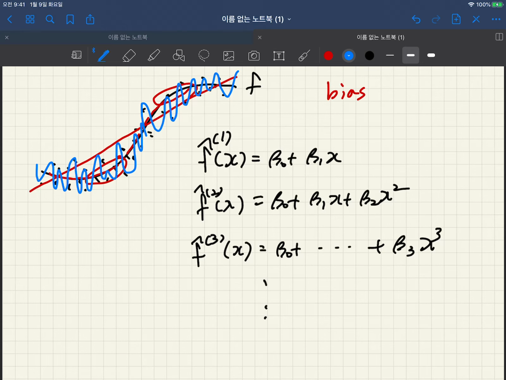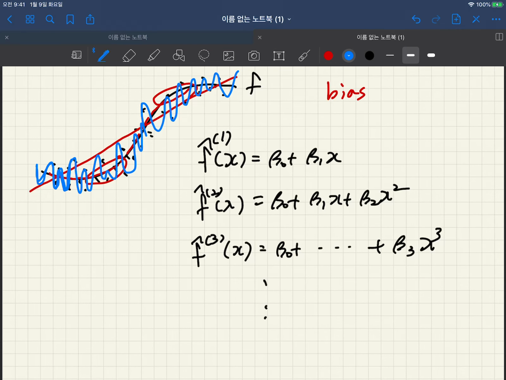So do you think this is a good line to predict your new data point? No, not at all. So these wiggly curves are unnecessary details there, right? And which can make a very bad test error.